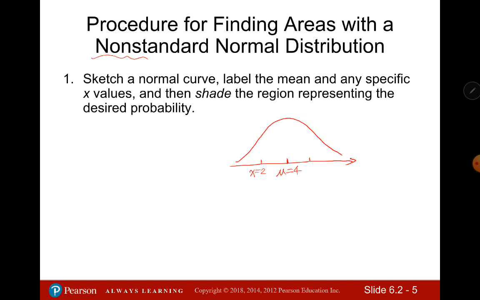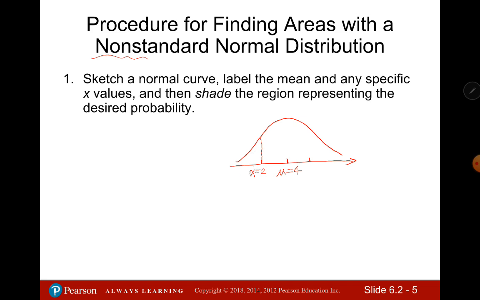Then we can shade the part. For example, we know this is x, right? We put a bar here, and if we are interested in the probability greater than x, we shade the area to the right. If we're interested in the probability less than x, or less than 2 here, then we shade the left part.